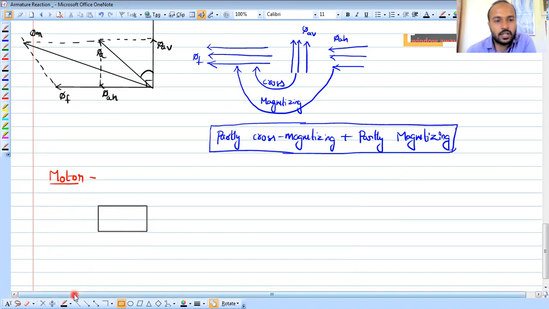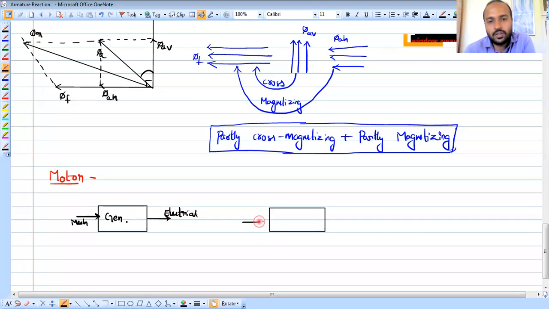So in case of generator, what we need to get? We need to get an electrical output. So we are giving mechanical input and we are getting an electrical output. But in the case of motor, we are giving electrical input and we are going to get mechanical output. Okay.